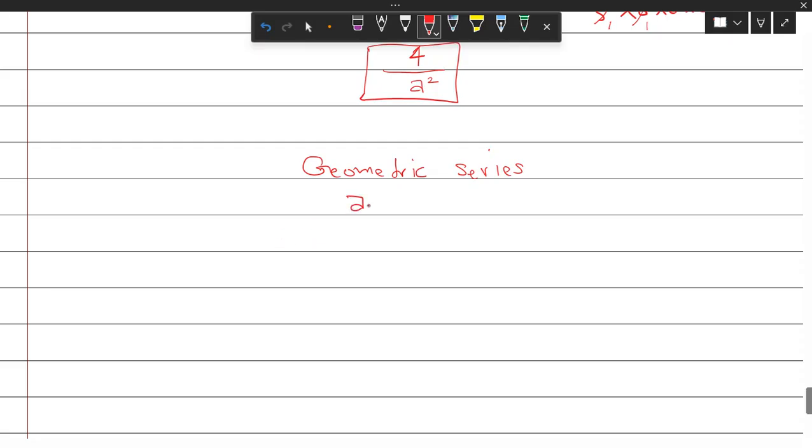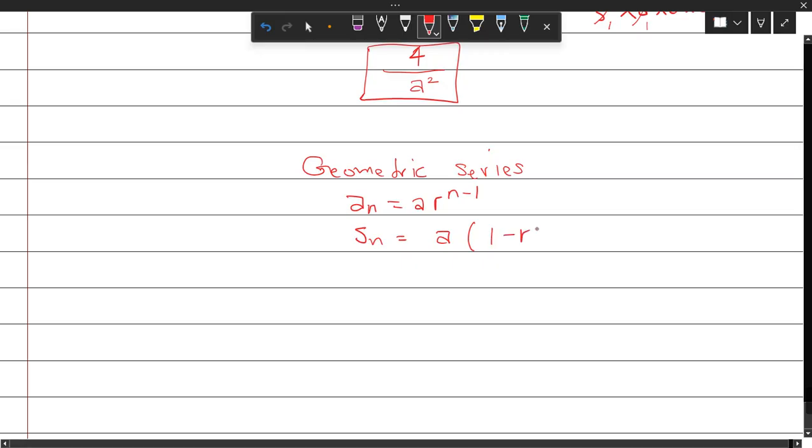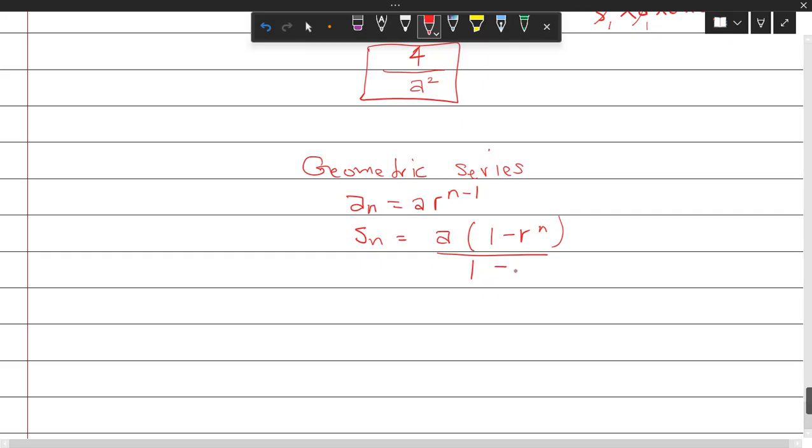You need to know this formula for calculating nth terms. This is first term times common ratio to the power n minus 1. Then for the sum, we also have 2 formulas. This is when r is less than 1.